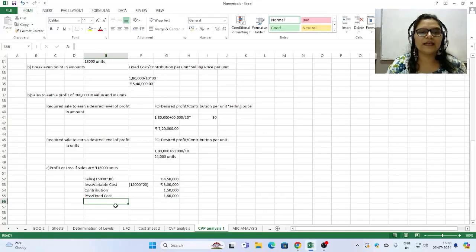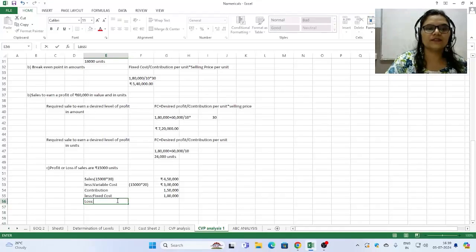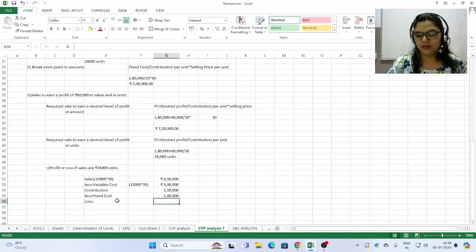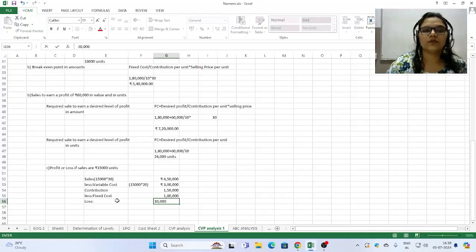So definitely there is a loss because the value of fixed cost is higher and the value of contribution is lower. The company is actually suffering a loss of 30,000. So this is your loss.